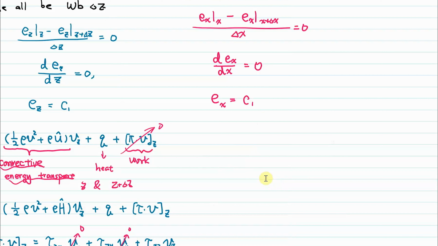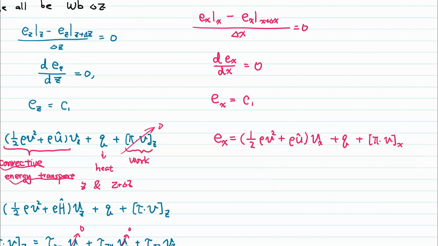Okay, so if we again expand the combined energy flux vector in the x direction, we have E sub x equals to what? The convective transport part, so that's (1/2 rho v squared plus rho u cap) times vx, plus q, plus the work in the x direction.